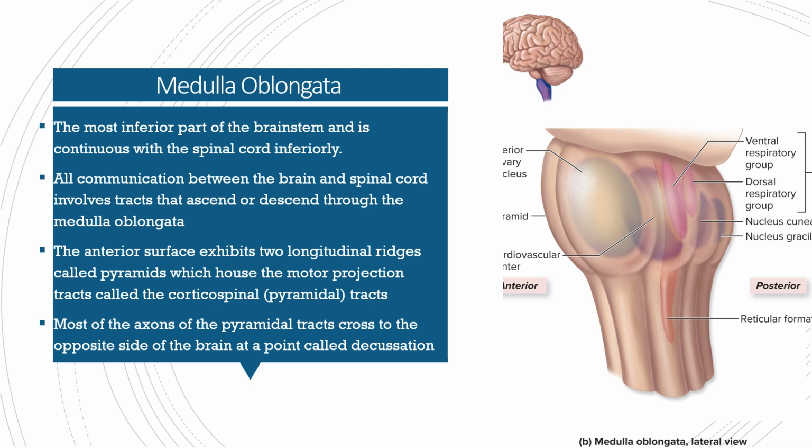It contains autonomic centers for cardiovascular control of heart rate and contraction strength, and the medullary respiratory center, which controls breathing rate. It is involved in reflexes like coughing, sneezing, swallowing, and vomiting, and contains cranial nerve nuclei for cranial nerves 8, 9, 10, 11, and 12.